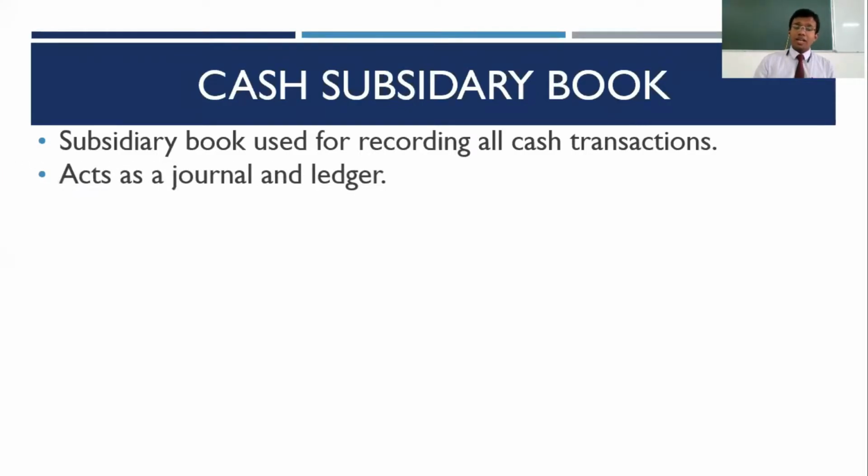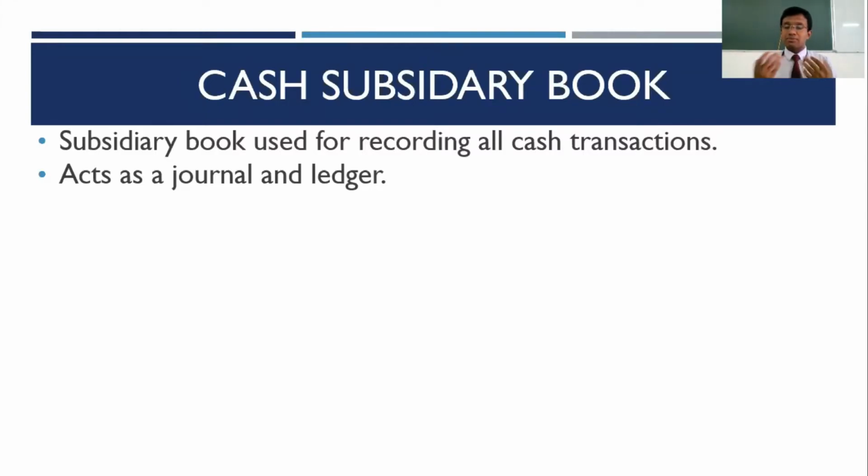Now, when we talk about the cash subsidiary book, please remember it plays a dual role. It plays the role of a journal as well as a ledger. What does this mean? When you prepare a cash subsidiary book, you would no longer be preparing a cash ledger account.